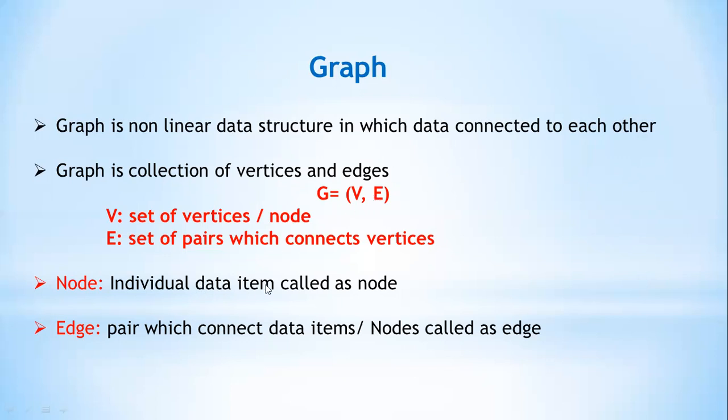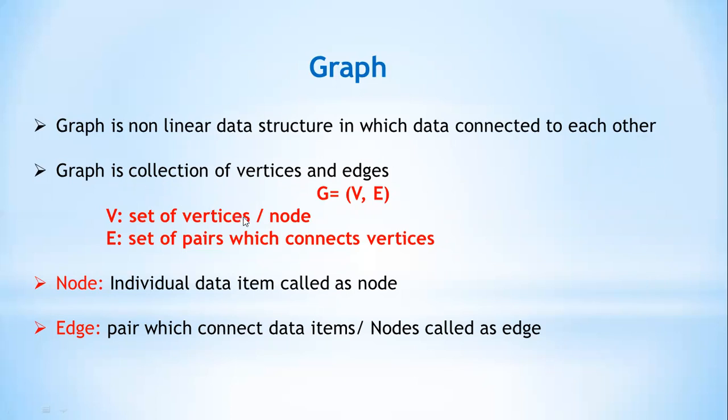So the individual data item that we are going to use might be city, area, college, it might be anything. That individual data item is called a node, and the pair which connects these nodes to each other is called an edge. So a graph is made up of two things.